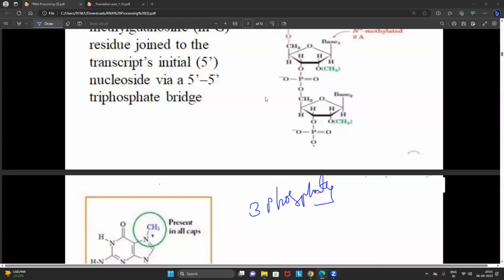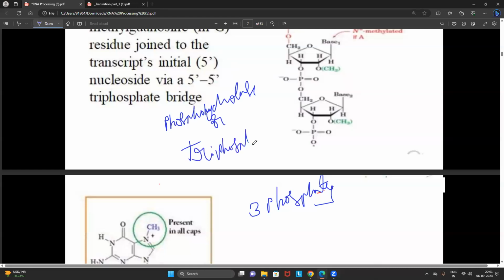I hope every one of you remember, right? We generally call it the phosphohydrolase enzyme, or you also call it what enzyme, friends? You also call it the triphosphatase enzyme.